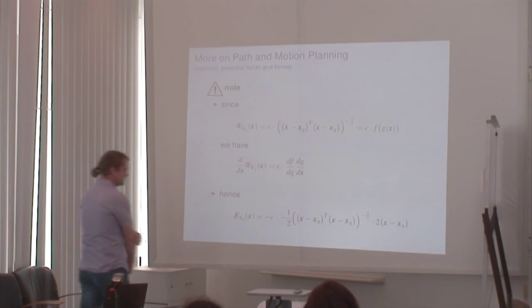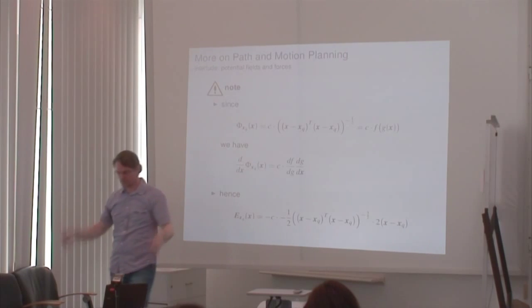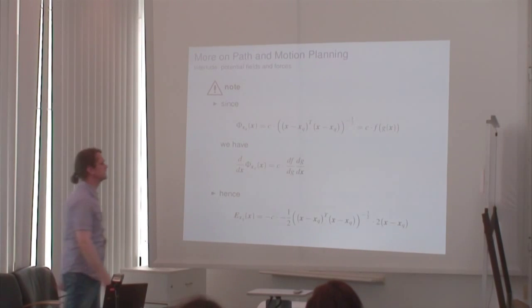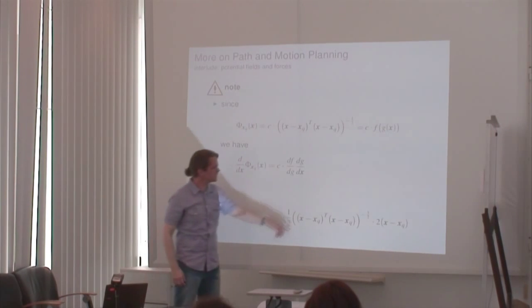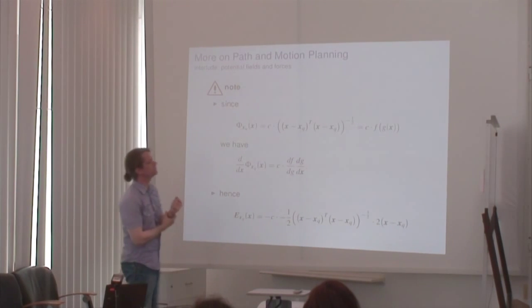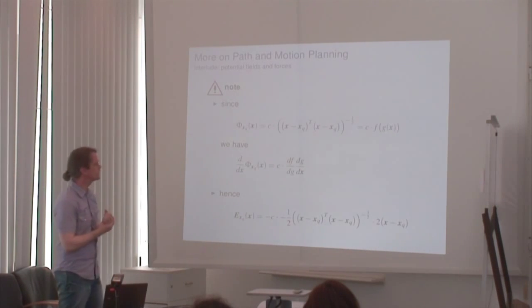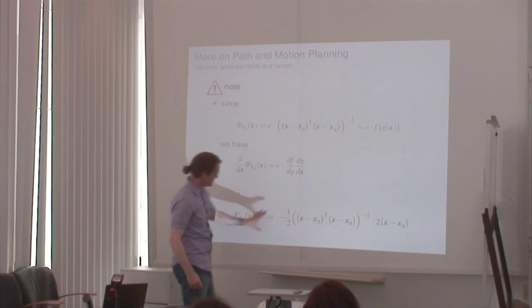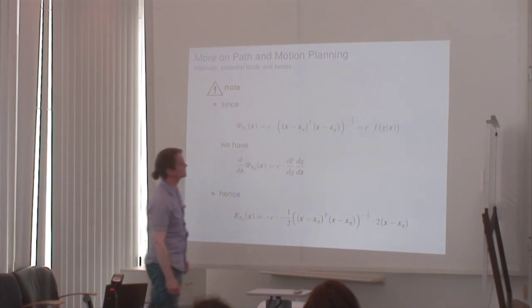This is not really difficult, because if we derive f with respect to g, we basically have a factor of minus 1 in front of it. We have to subtract 1 from minus 1 over 2, which gives us minus 3 over 2. This is the outer derivative, and this is the inner derivative.